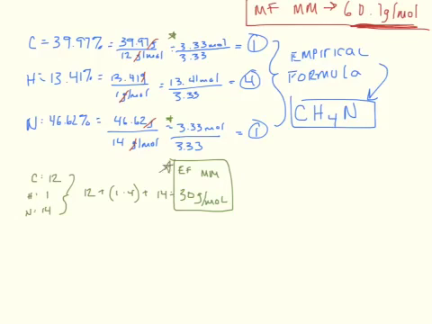Okay, now what do we do? Well, we need to divide our molar mass, 60.1 grams per mole for our molecular formula, by our 30 grams per mole for our empirical formula, and we will get 2.